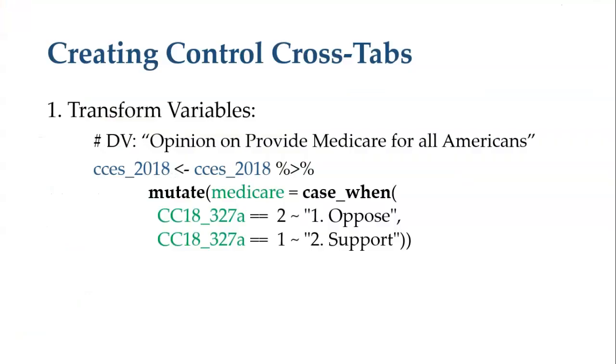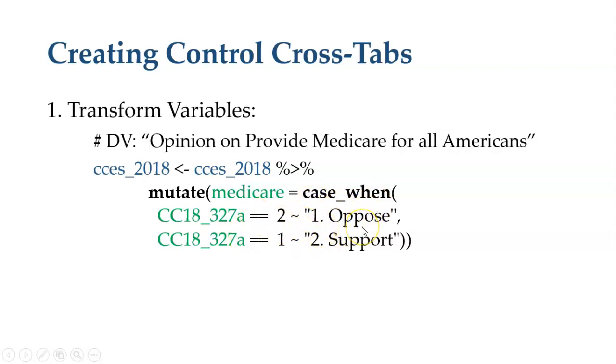Okay, just to remind you, but I think you have this present in your mind because of the first report, right? But very brief. So what I'm doing here is that I'm gonna say to R that I want to create a new variable called Medicare that is going to take the value of one oppose if another variable, this version of the variable Medicare, takes the value of 2, then Medicare is going to take the value of oppose, right?